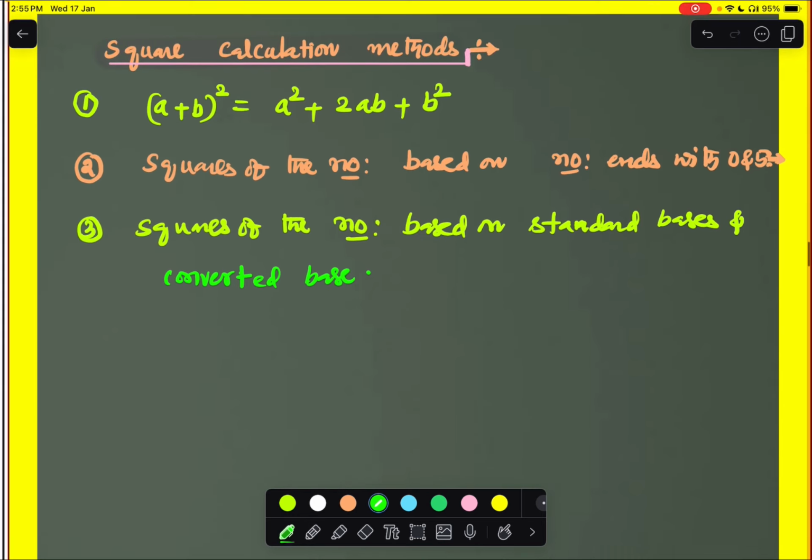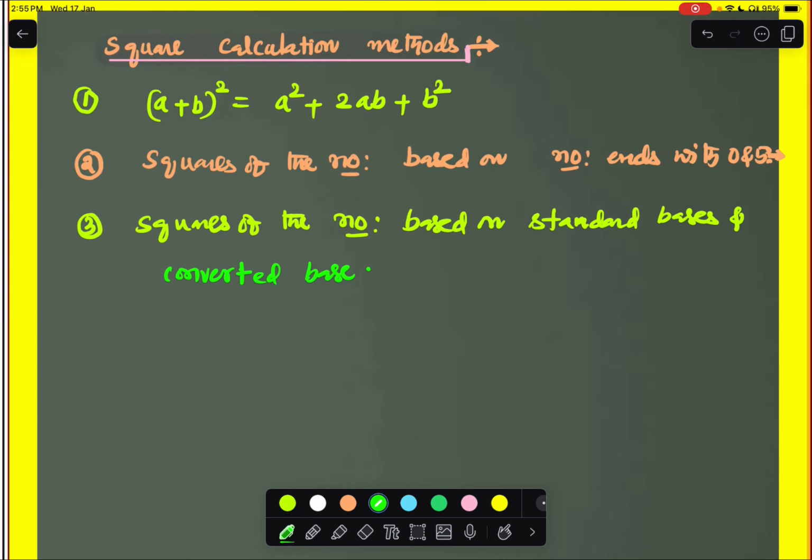So we will learn these three methods now. After that, in the next lecture we'll calculate the square root of any number and perfect square numbers.